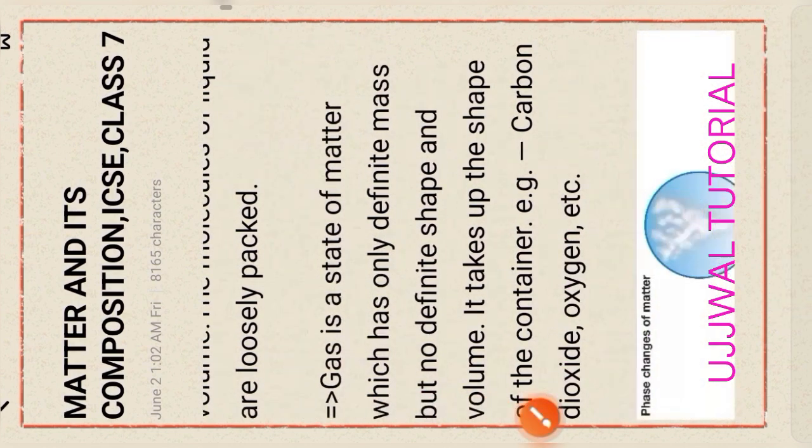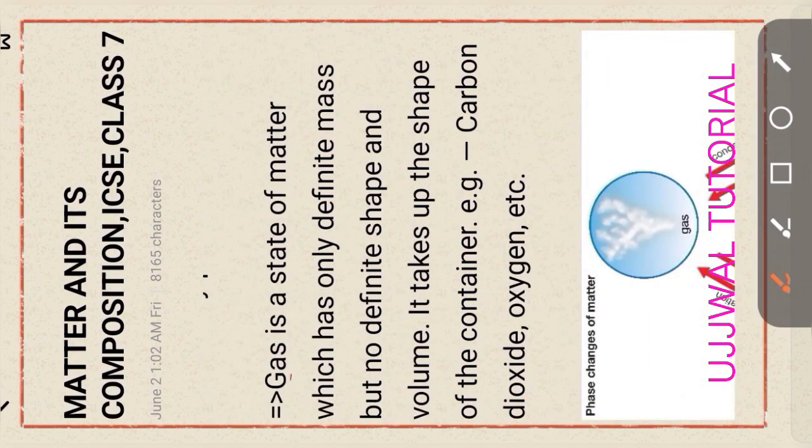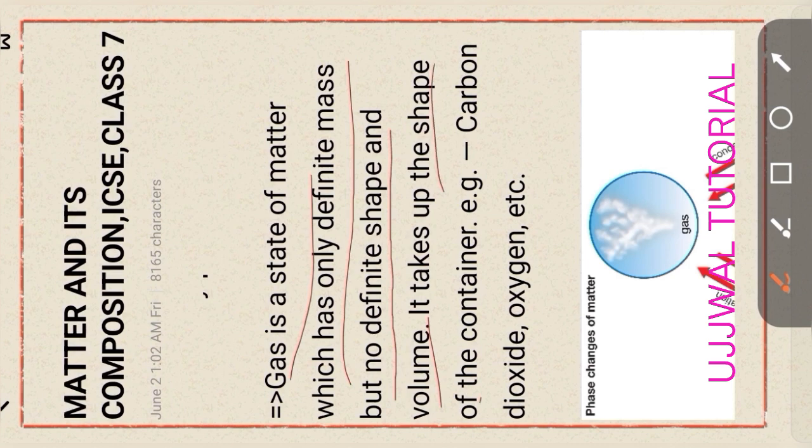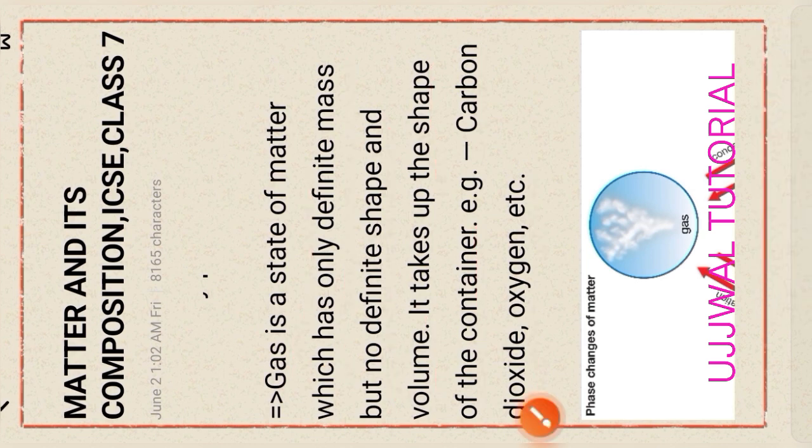A gas is a state of matter which has only definite mass, but no defined shape and volume. It takes up the shape of its container, for example carbon dioxide, oxygen, etc.